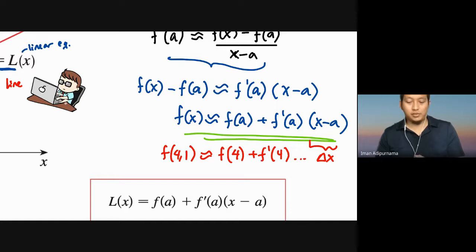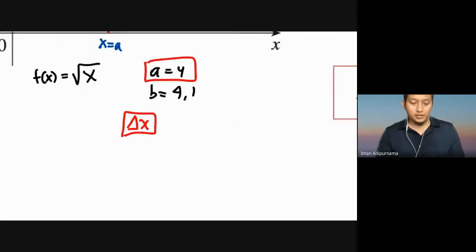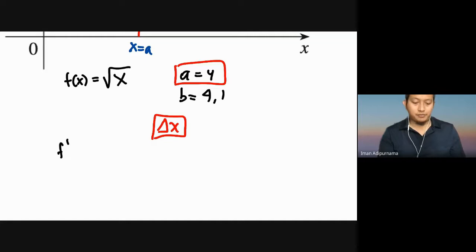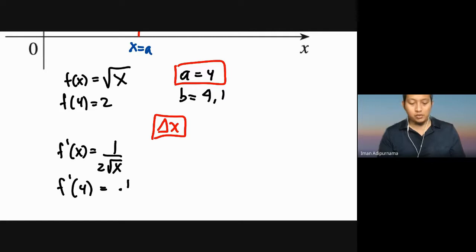So you just need to calculate. You have f prime of x, and f of 4 is of course 2, and f prime of 4 is 1/4.